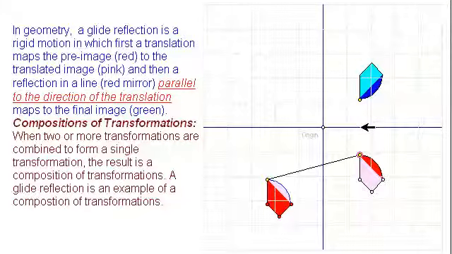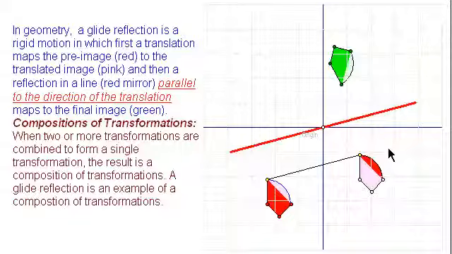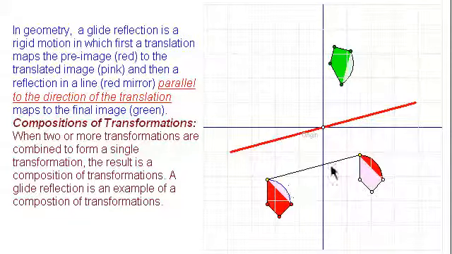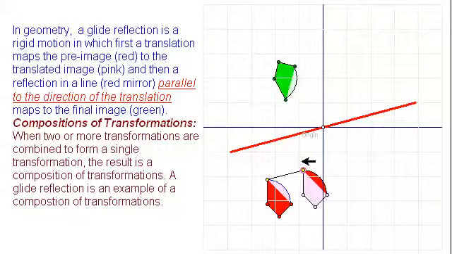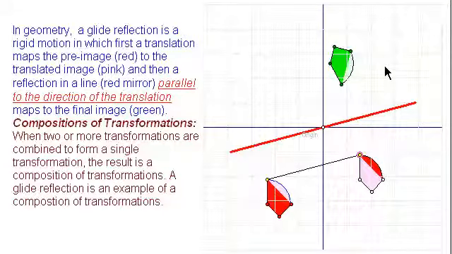In this one there is a translation and then reflection in the line of reflection which is not parallel to the line of translation, so it will be called a composition of transformations, but it is not a glide reflection. In order to have a glide reflection, the reflection has to be across the line which is parallel to the line of translation, like this one.